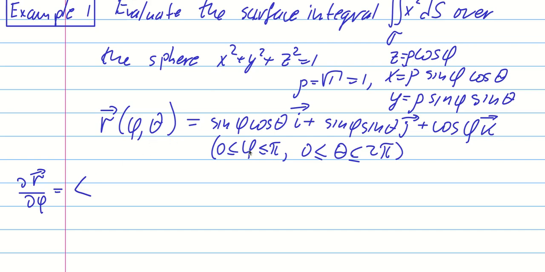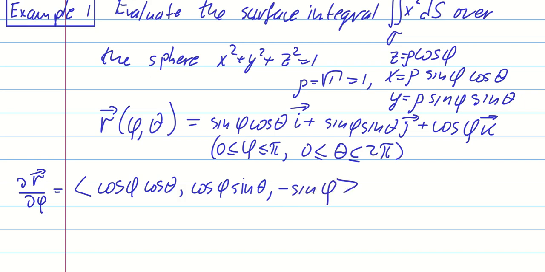Here we're going to get cosine of phi cosine of theta. For this one, we're going to get cosine of phi sine of theta. And for the last one, we're going to get negative sine of phi.